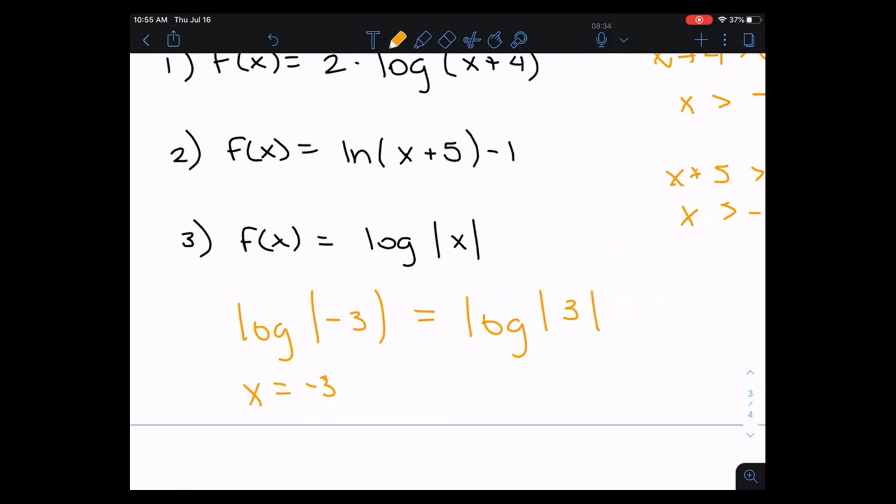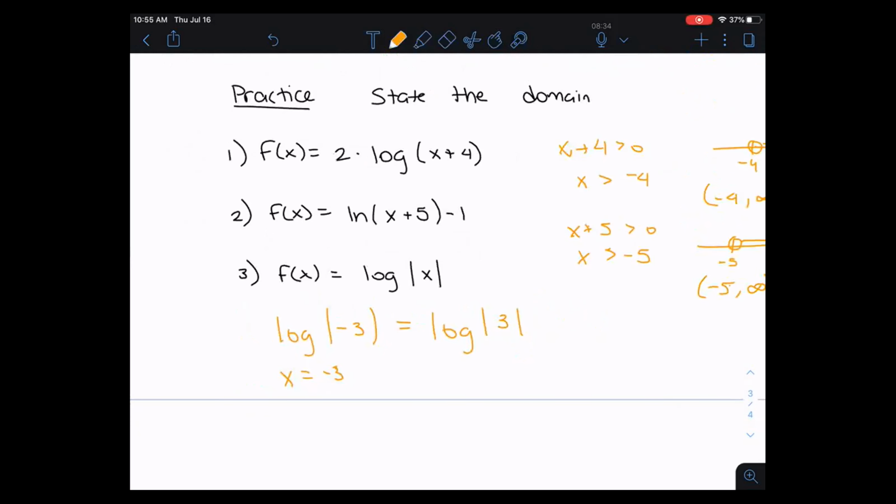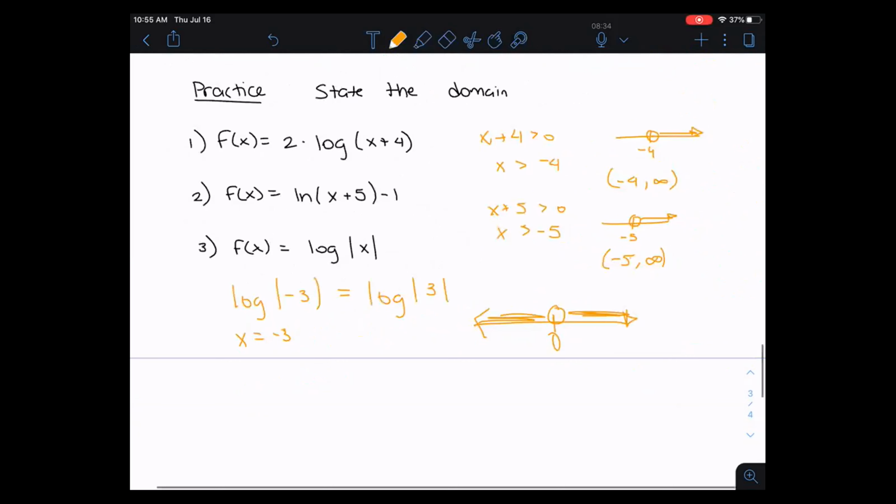So all of my positive and negative numbers can work. The only question is, does 0 work? Remember that it cannot be 0. So your domain for this question is from -infinity to 0, and then from 0 to infinity.